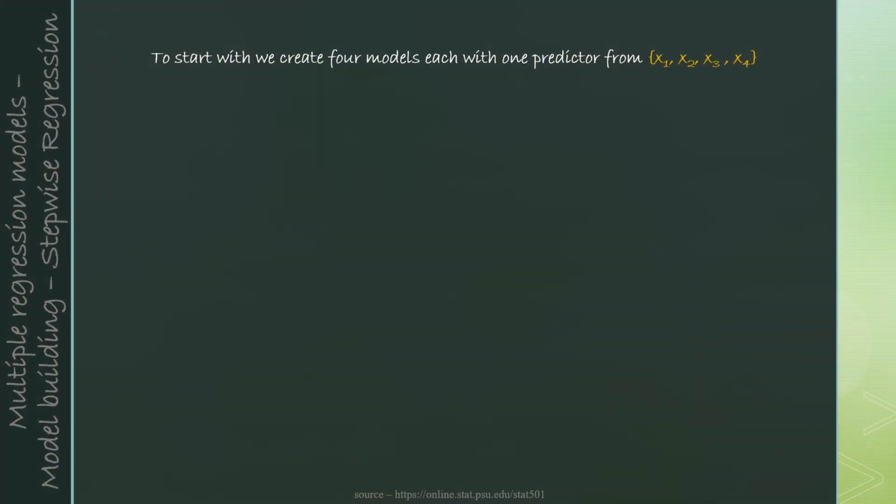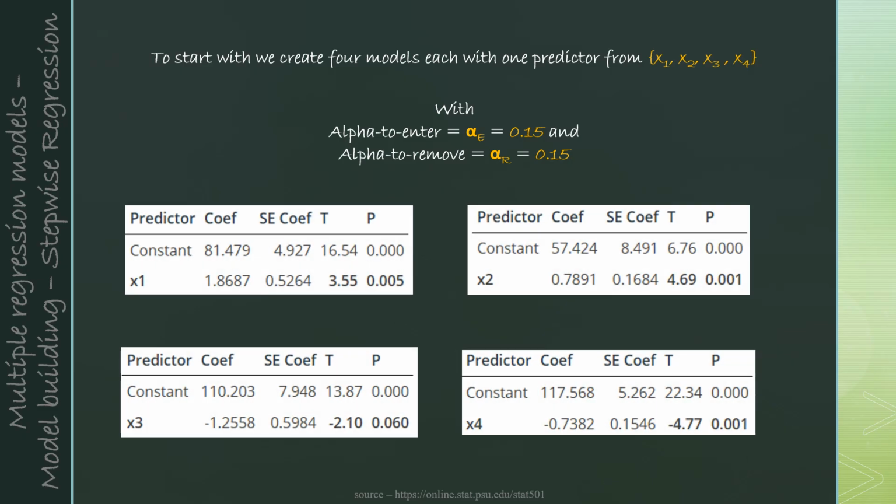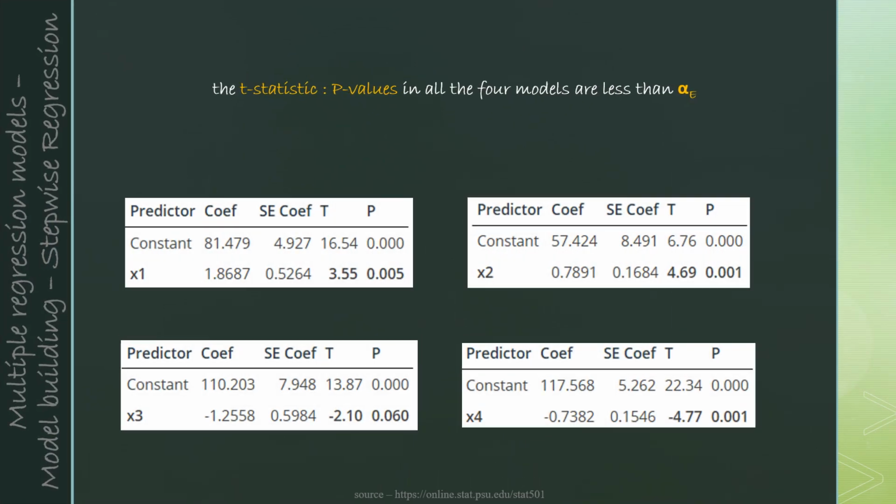To start with, we create four models, each with one predictor from x1, x2, x3 and x4. With alpha to enter, alpha e, equal to 0.15 and alpha to remove, alpha r, equal to 0.15, we get to see these tables showing the statistical quantities associated with each slope coefficient. The t-statistic p-values in all the four models are less than alpha e, which is 0.15.